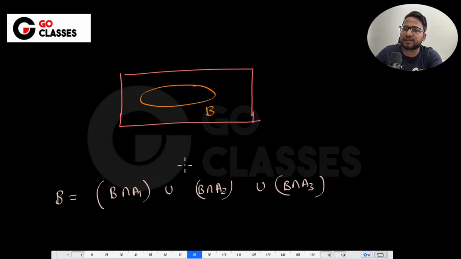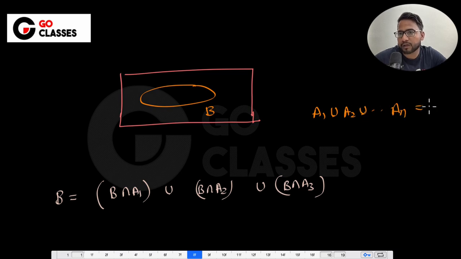The special property is that all the events A1 till A5, or whatever number of events you have, should be mutually exhaustive, which means they should cover the complete sample space. Which means A1 union A2 union till AN should be the complete sample space, which is this phi. If that is the case, then you are worry free.